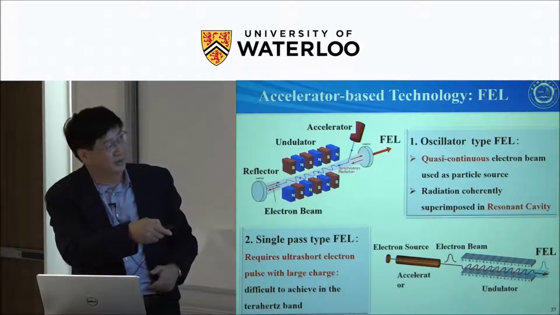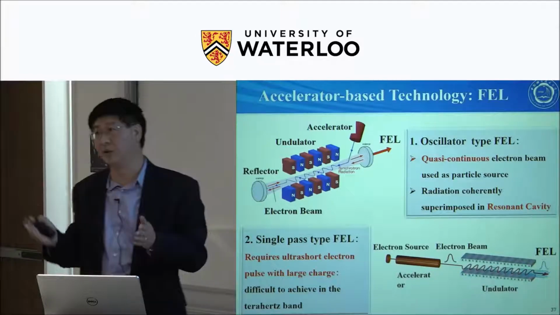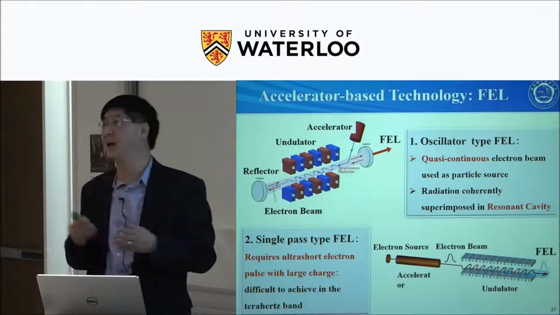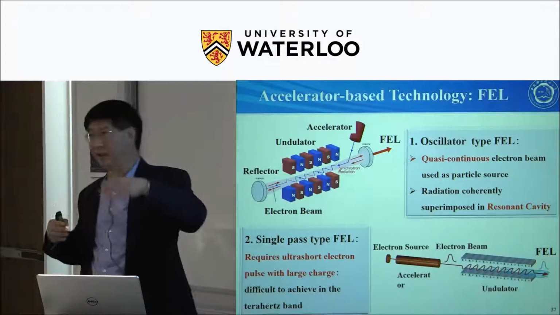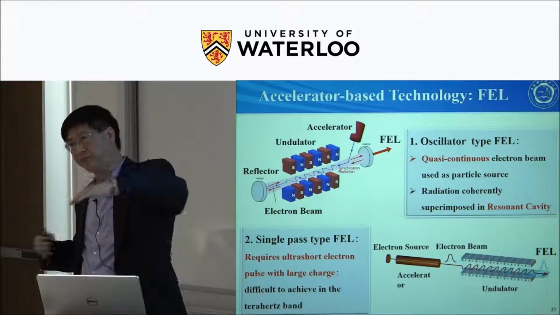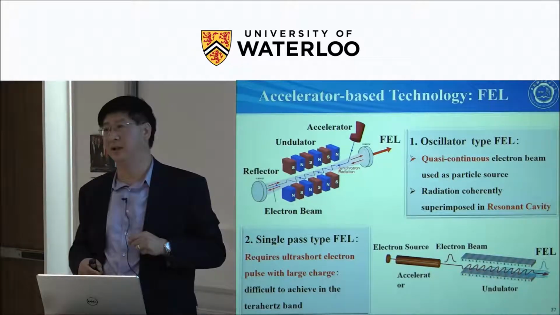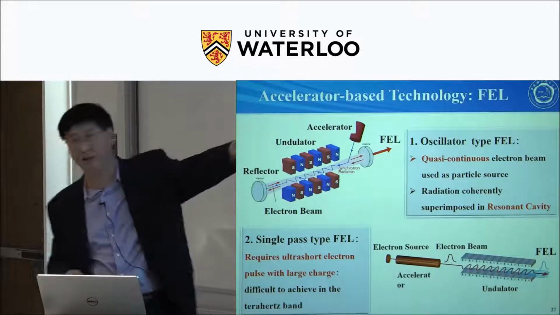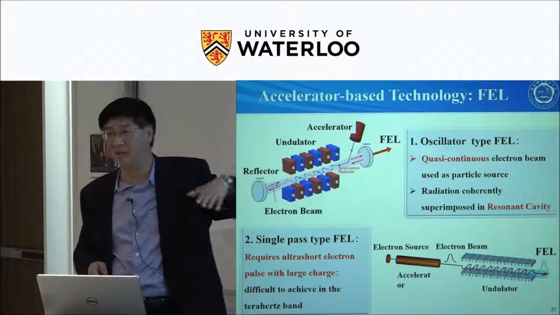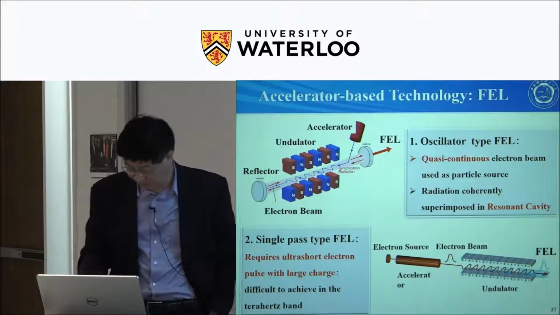The single pass type FEL normally works for higher energy photons like soft X-ray, hard X-ray. If you go to the Stanford FEL, 3 kilometers long, they are using the single pass type FEL. In the next few slides, I'm going to show that what has been built in my lab uses the oscillator type FEL.